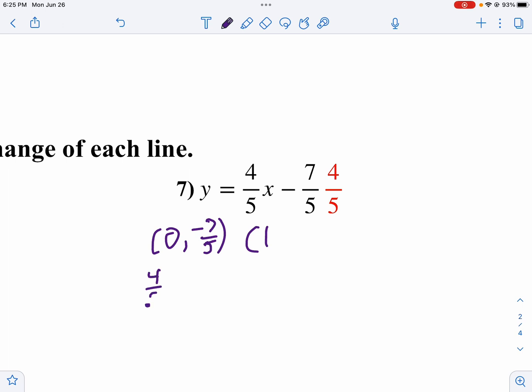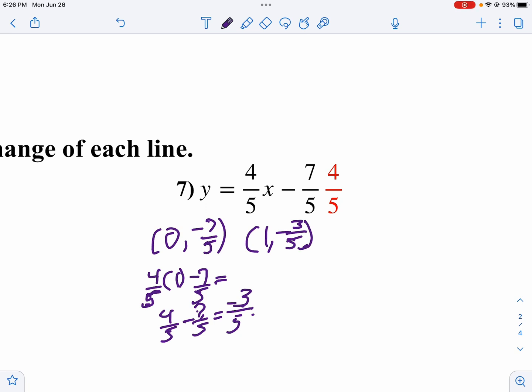4/5 times 1 minus 7/5. So that's 4/5 minus 7/5, which is negative 3/5. So then I get negative 3/5 right here. So now, let's use our slope formula. So we're going to go y2 minus y1 over x2 minus x1.